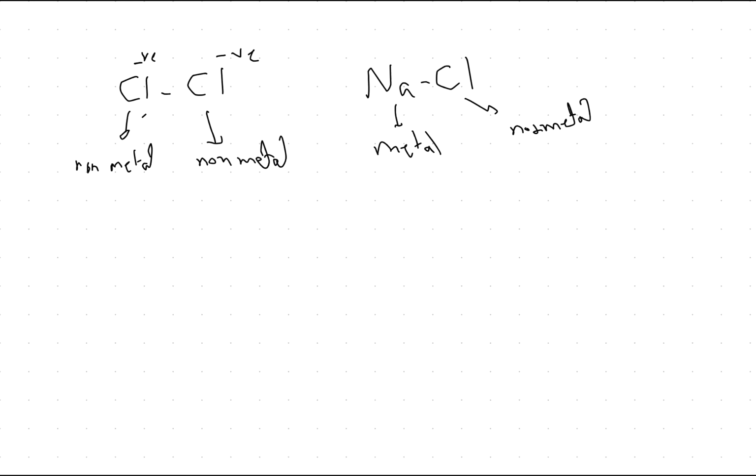And even chlorine itself has the same electronegativity, far away from the electronegativity that we are going to study. Chlorine has the same properties as the other element, which is chlorine. So this is non-metal and non-metal, and both are negative. Which one of them will attract the other? There is no attraction between them. They are sharing.